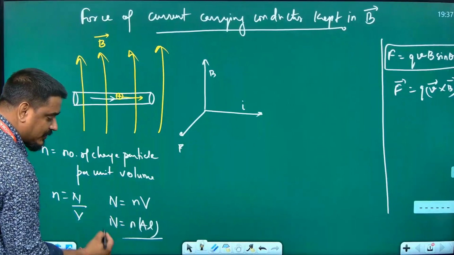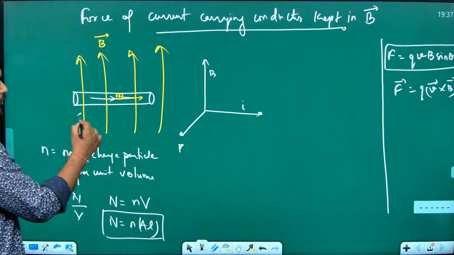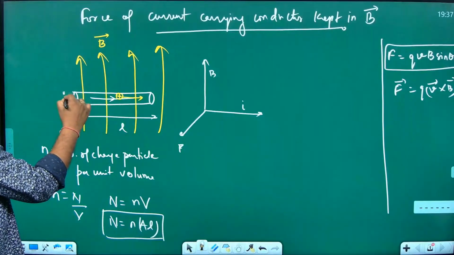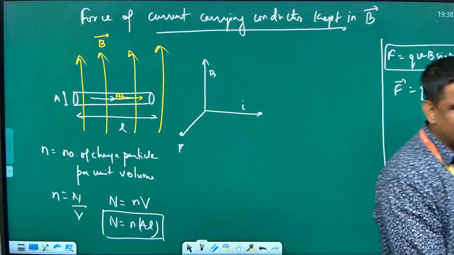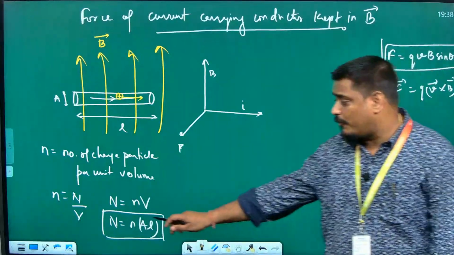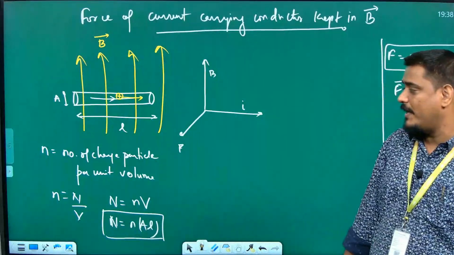Area into length. The length of the rod is taken to be L and its area of cross section is assumed to be A. So its volume will be A into L, and the number of charged particles is n into A into L.